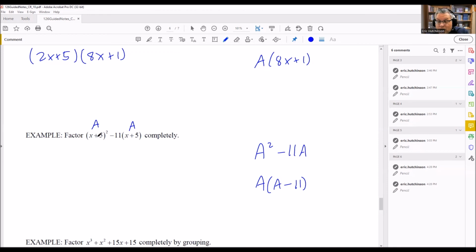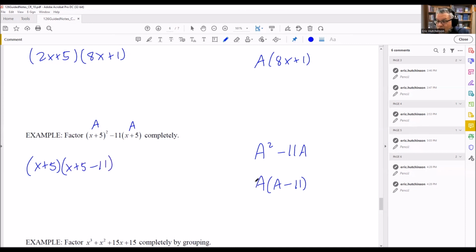So I'm now going to put x plus 5 back in for each of these to get my answer. So I have x plus 5, which is the capital letter A there. And then I'm going to put x plus 5 inside here, but I still have the minus 11 inside there as well.